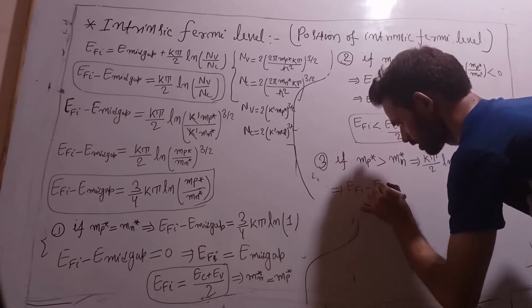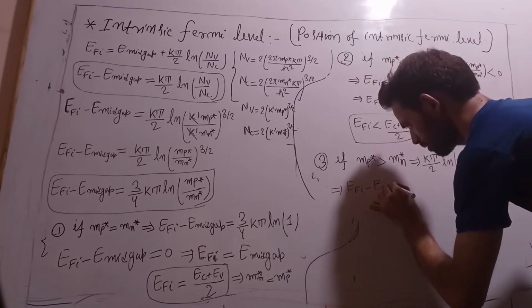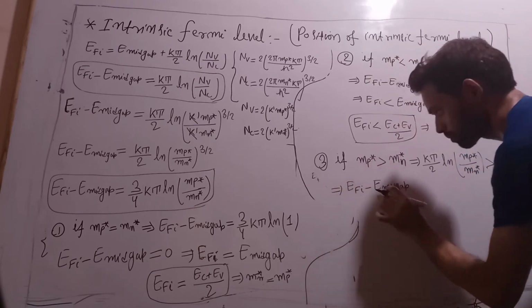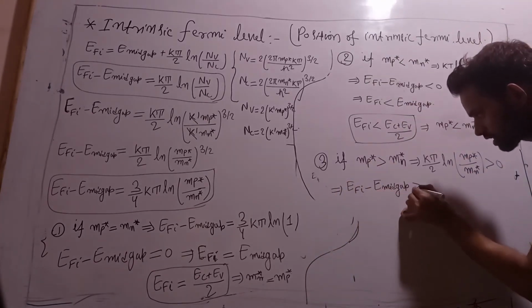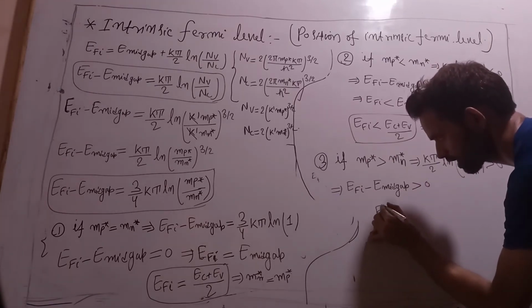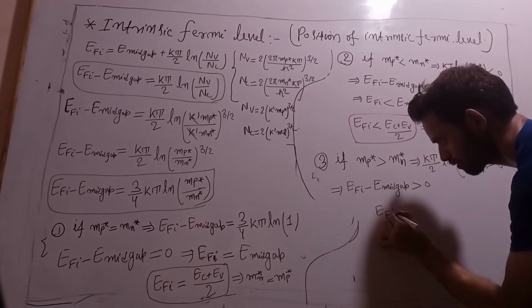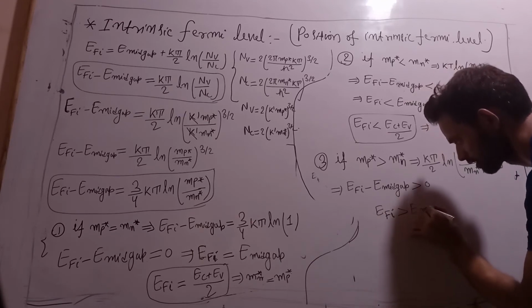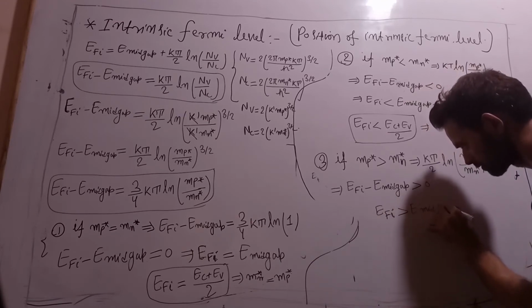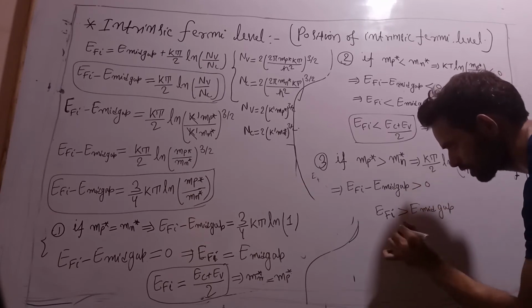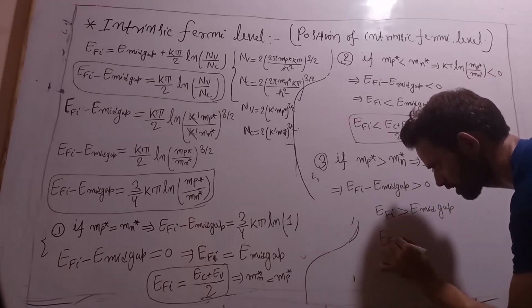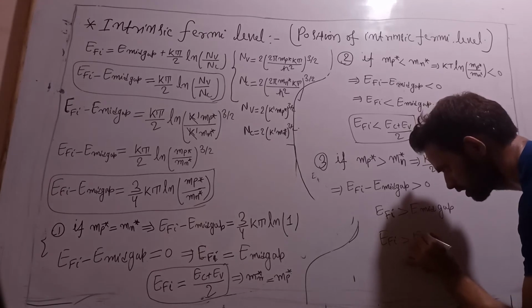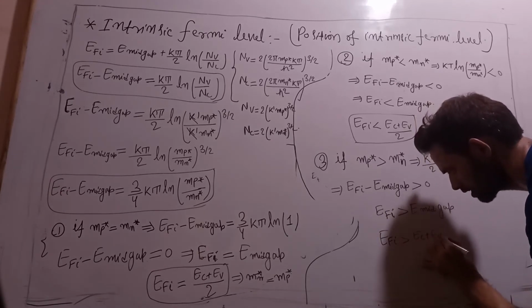Which implies that EFi minus E mid gap is greater than 0, so EFi is greater than E mid gap, which further implies that EFi is greater than (Ec + Ev)/2.